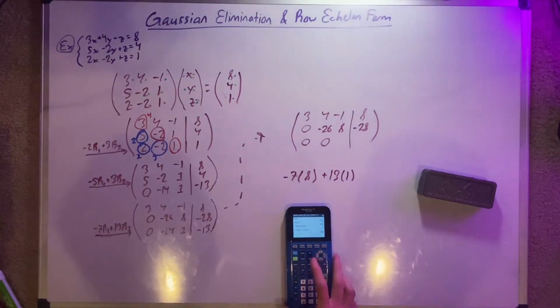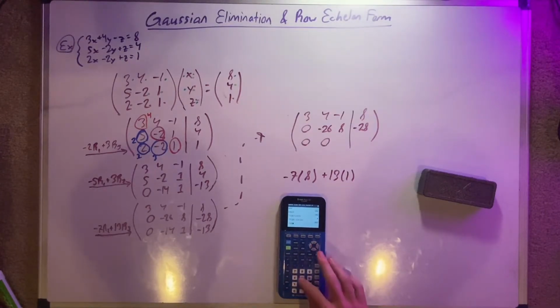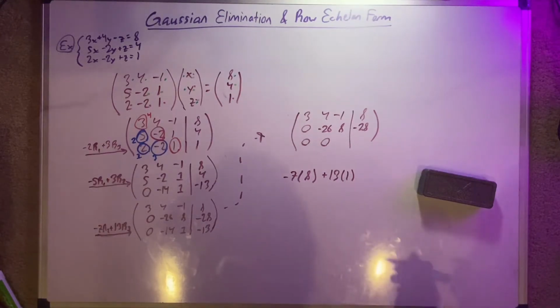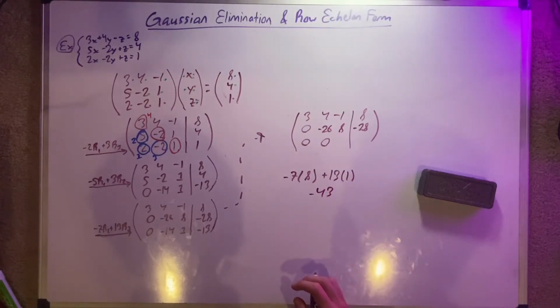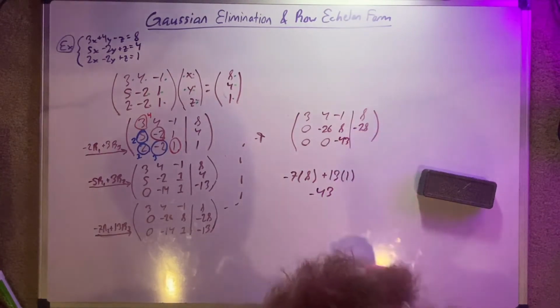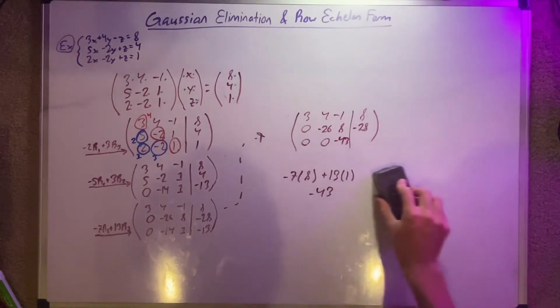And that will put us with negative 7 times 8 plus 13 is equal to negative 43. Why does that number look weird? I don't like how that number looks, but let's just give it a little bit and see if it'll all even out.